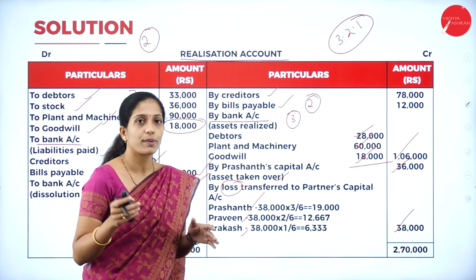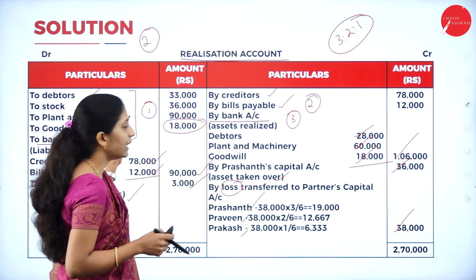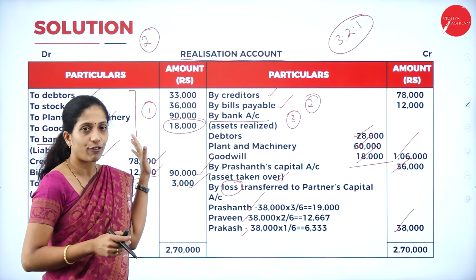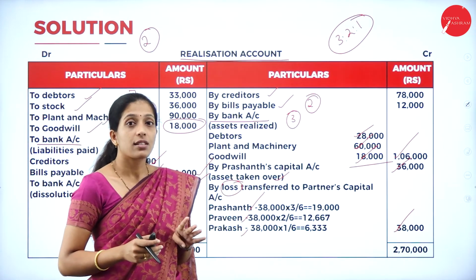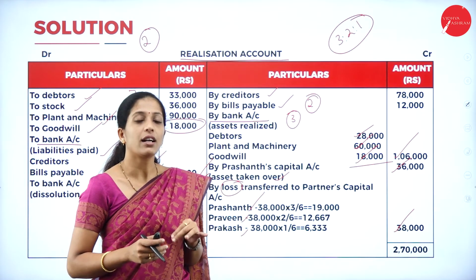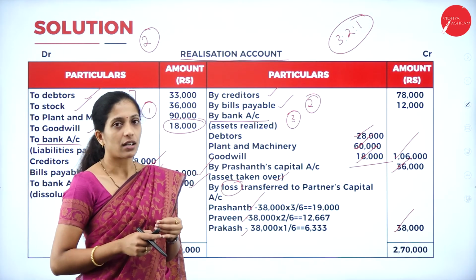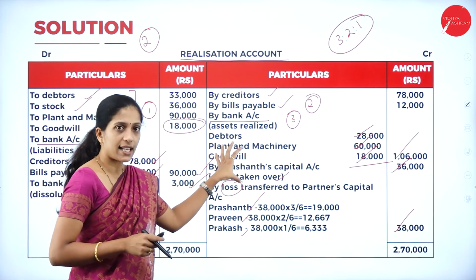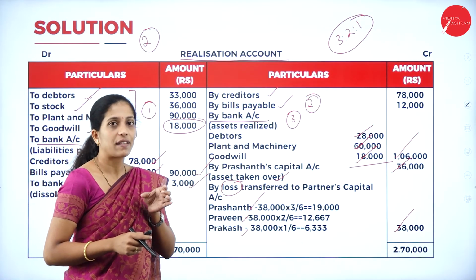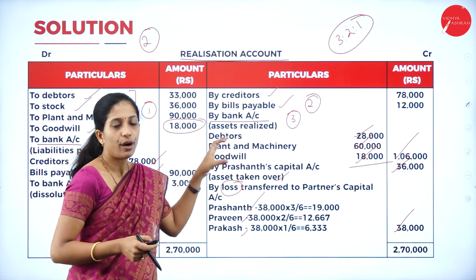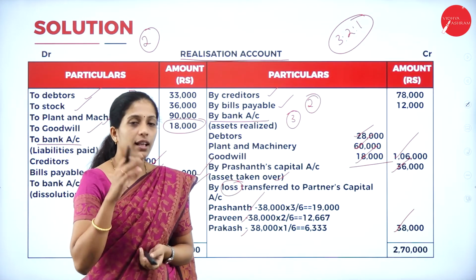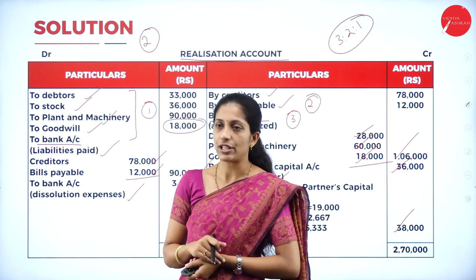So what are the steps to be remembered? First we will record all the assets except cash or bank and profit and loss account. Next take all the liabilities except reserve fund, profit and loss account, partners capital as well as partners loan. Next sell the assets. In the adjustment itself, they will give assets realized, so take that and record the original amount or the amount which they have given in the adjustment.